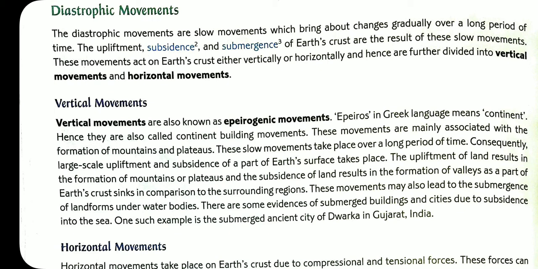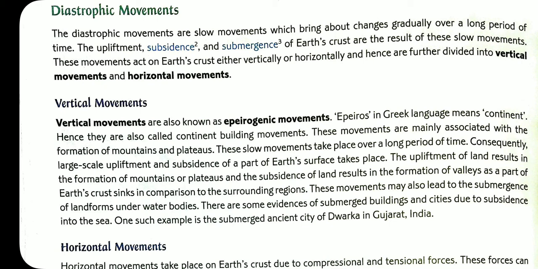There is some evidence of submerged buildings and cities due to subsidence into the sea. So these are the result of the vertical movements. Vertical movement means going upward from the surface of the earth in a straight line, like a perpendicular.